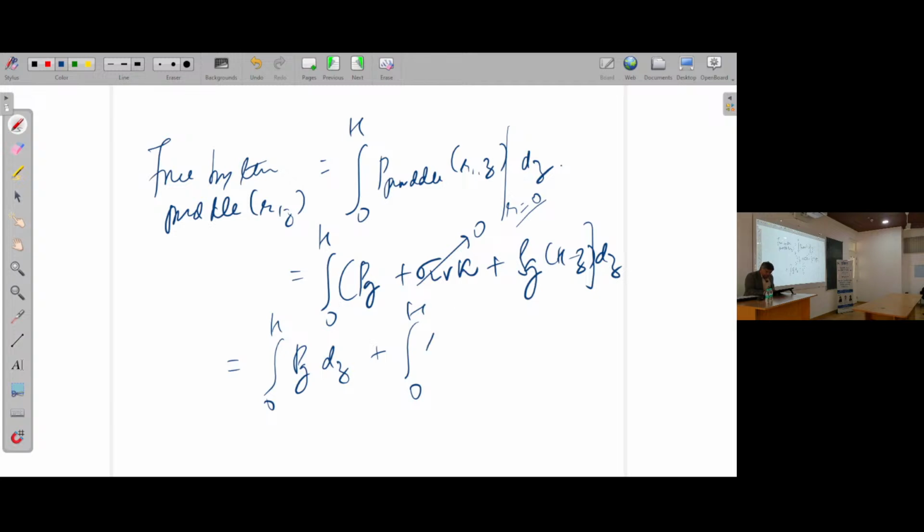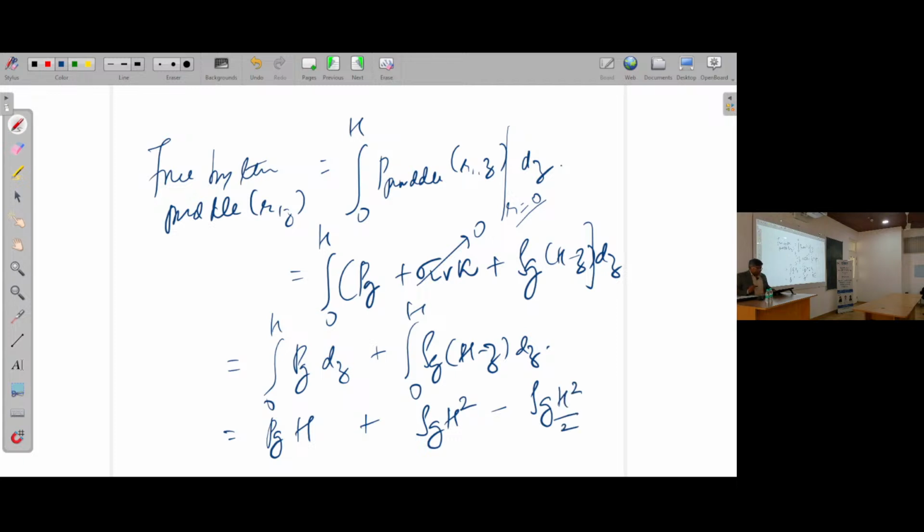If I apply the limits, the first becomes P g h, plus rho g h squared, if I integrate once, minus rho g z dz, which is z squared by 2; applying the limit, this becomes h squared by 2.